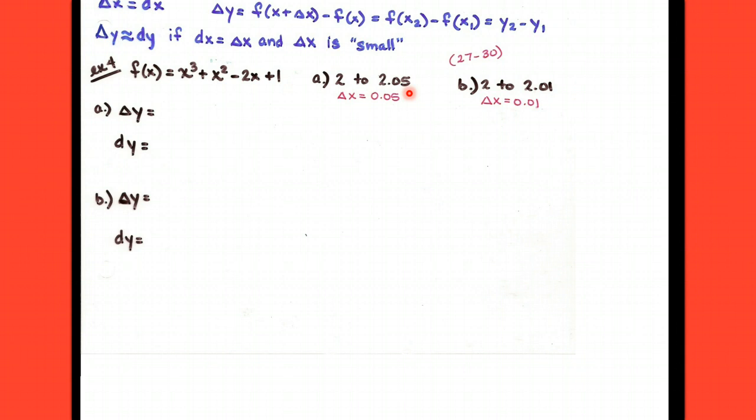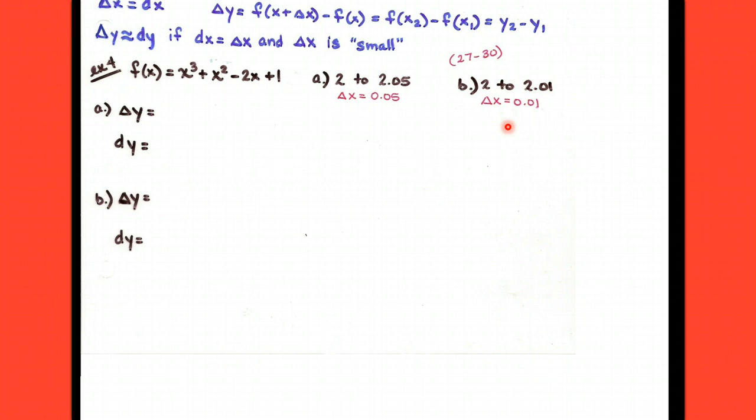And then we're going to redo this problem as x changes from 2 to 2.01. Why? Well, because they had mentioned to us that this is a good approximation if the change in x is small. So what we want to see is that, okay, here the change in x is relatively small, and we're going to get a good approximation, but here where the change in x is even smaller, we're going to get an even better approximation. Okay?